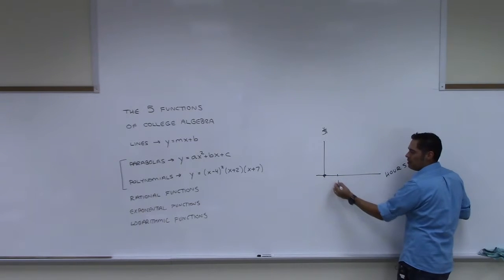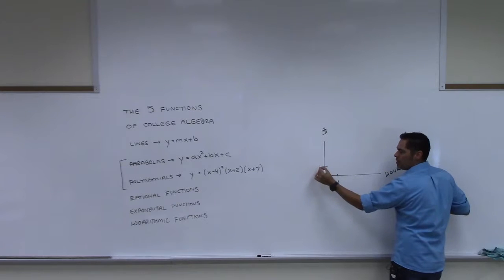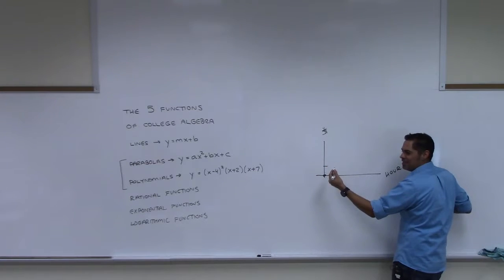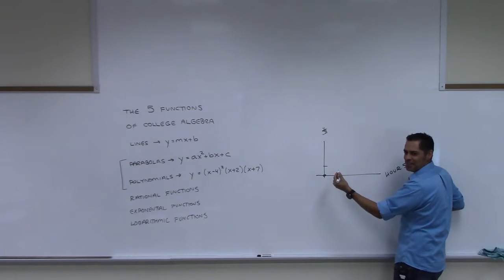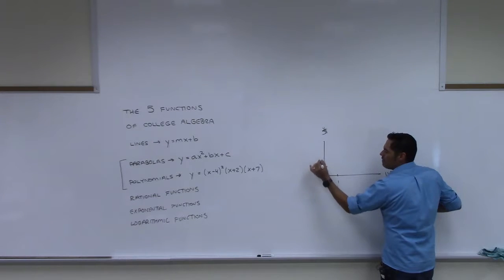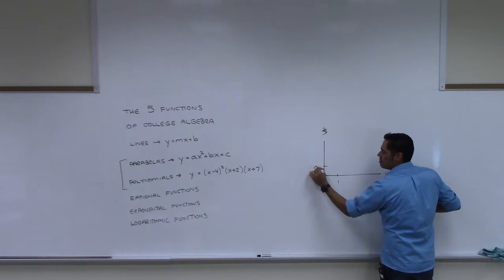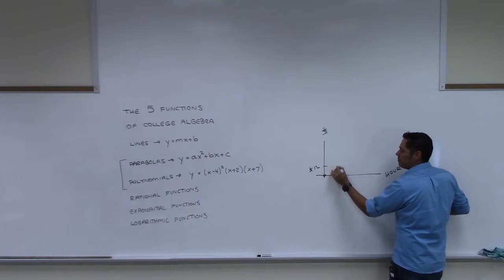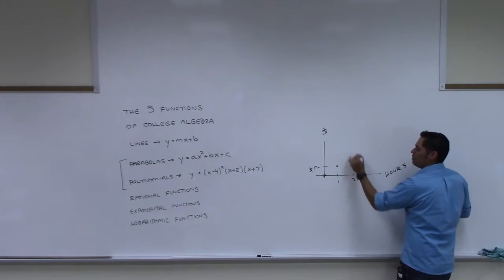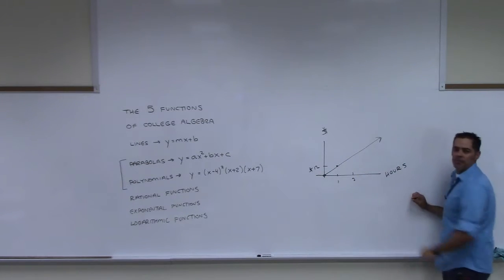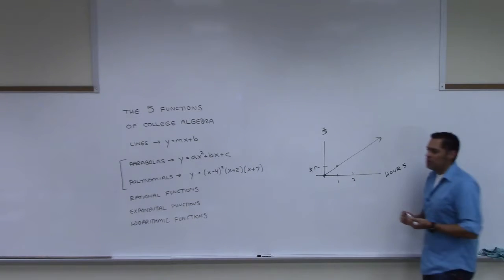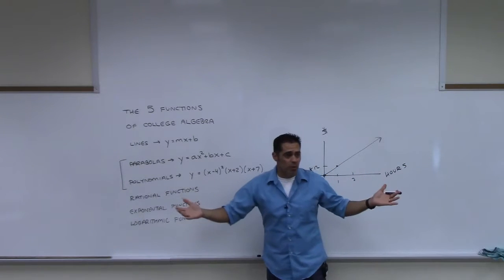You work 1 hour, then you make whatever it is, what, $3? It feels like it's $3, doesn't it? Sometimes. Let's just say you make $12 an hour, okay? Then you work 2, you're up 24, so that's a line, right? So linear functions are good at modeling certain things in the real world, right?